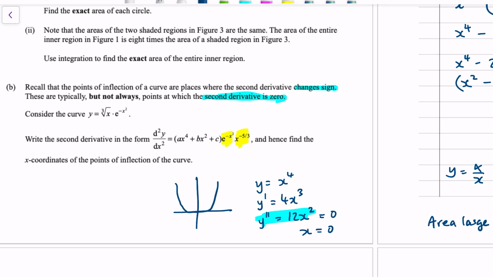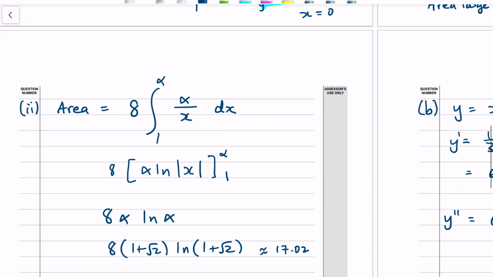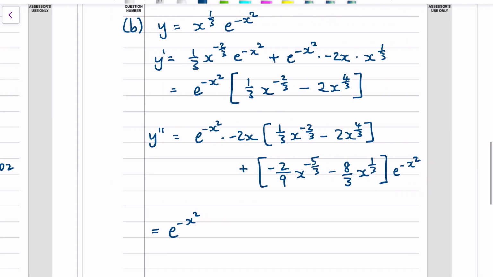So that's kind of what we're doing here. We're going to look for that vertical point of inflection, which won't be where the derivative equals 0 because, as I explained earlier, it's where it's undefined. So pulling out the e to the minus x squared term, we also pull out the most negative power. So the most negative power turns out to be x to the minus 5/3. And that comes from this term in here.